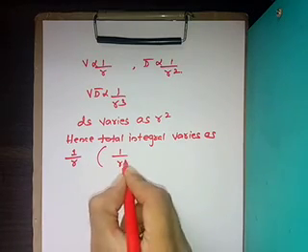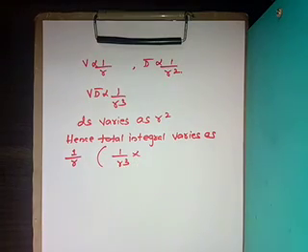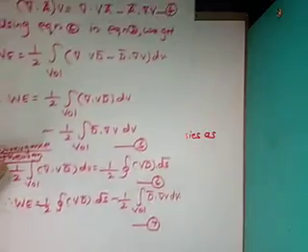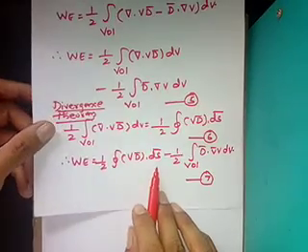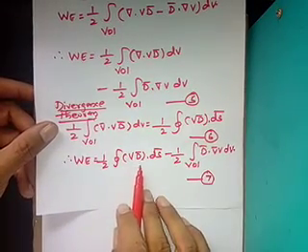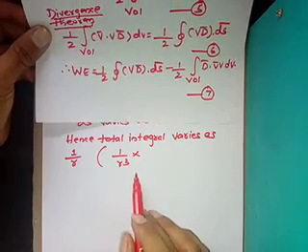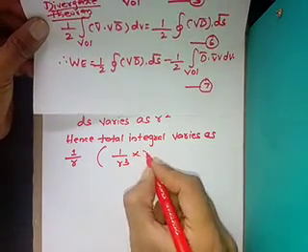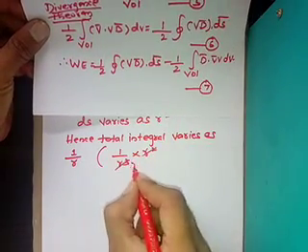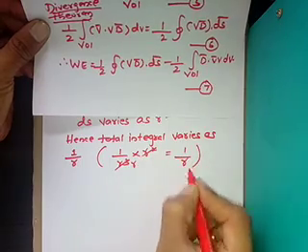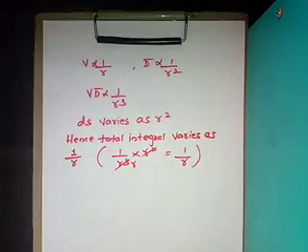We have the equation here, V d bar dot ds bar. We got V d bar as 1 upon R cube, into ds bar, which is R square. So R square cancels. So here we get 1 upon R. Fine.